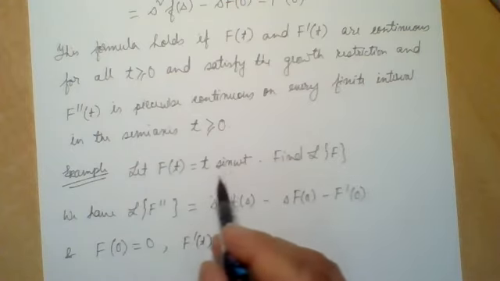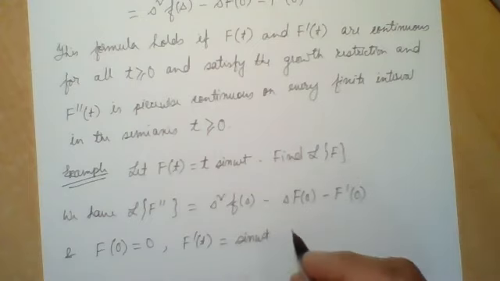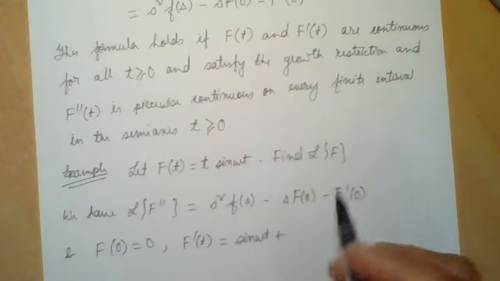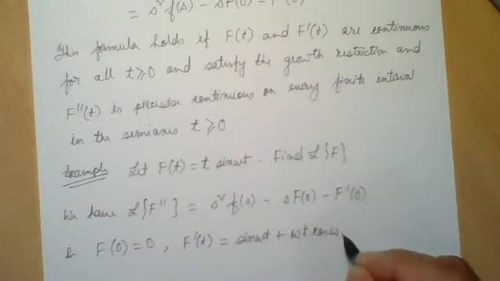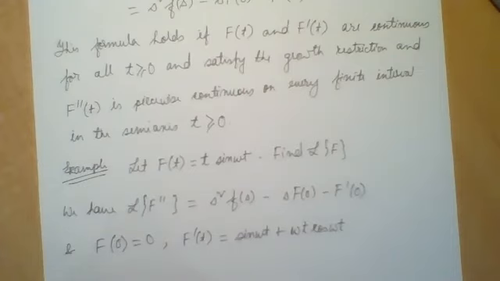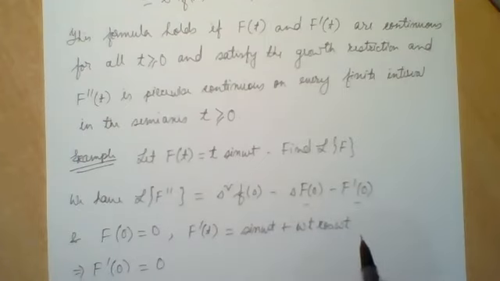F prime t is the derivative of this. If I differentiate this, I have sine omega t plus omega t cos omega t. From this we have f prime 0. Now you put t equal to 0, and both terms are 0. Therefore, f prime 0 is also 0.